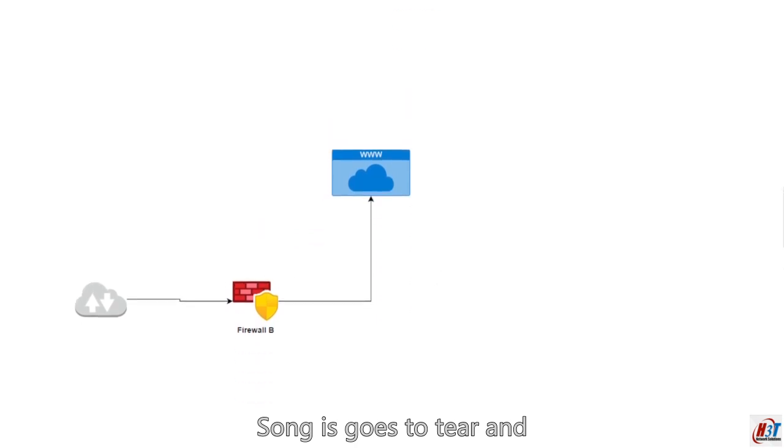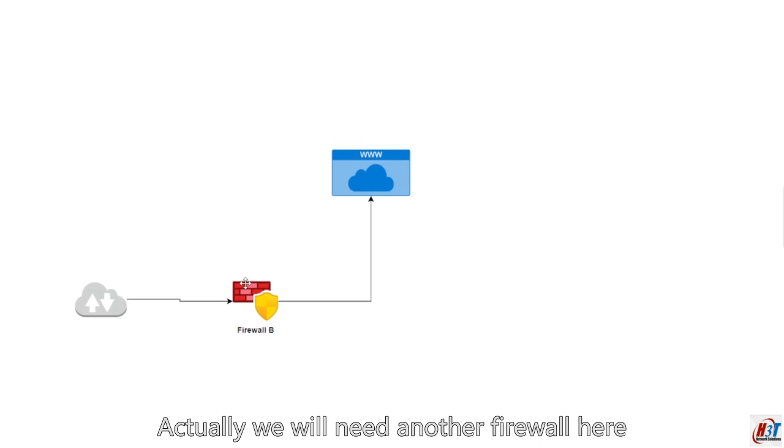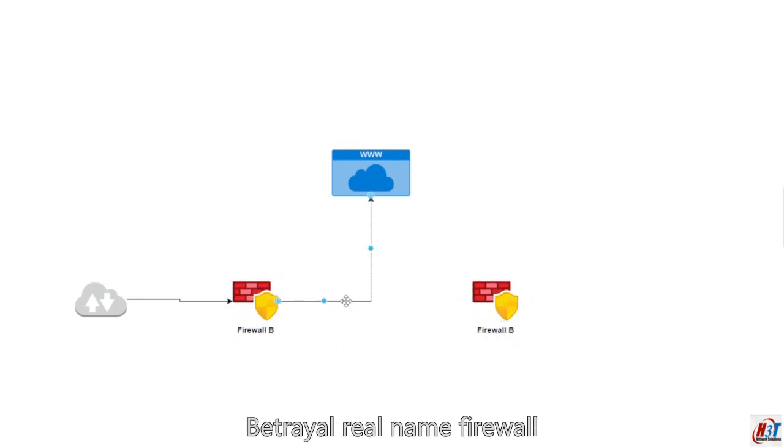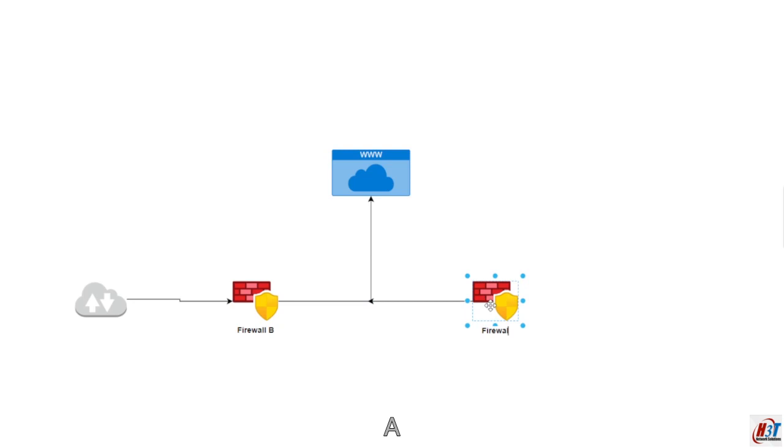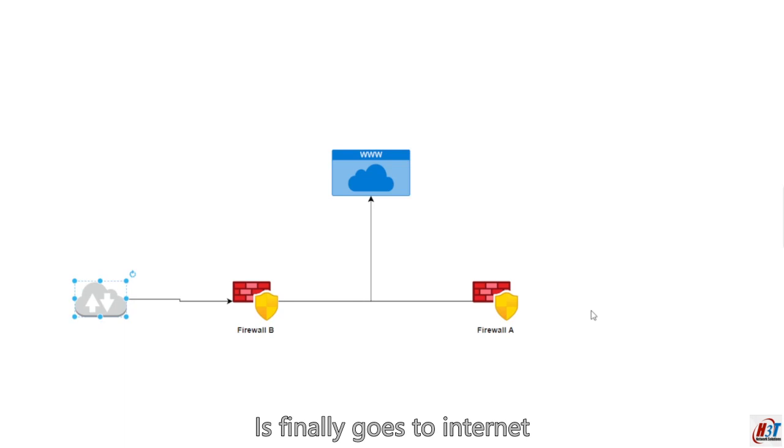And actually we will need another firewall here, which we will name firewall A, and then lastly this firewall A goes to the internet.